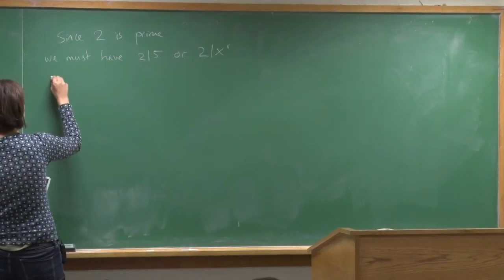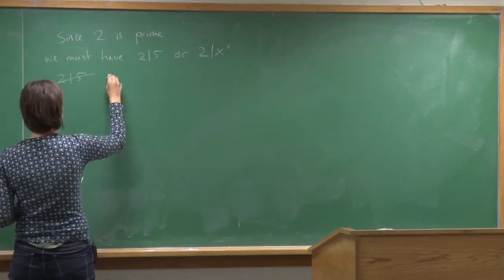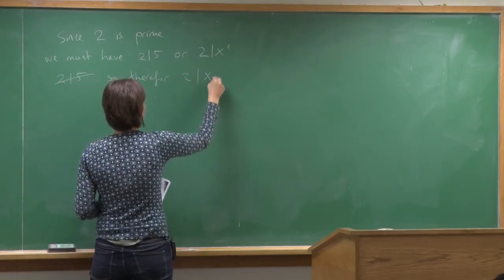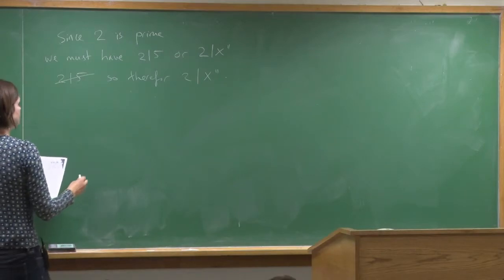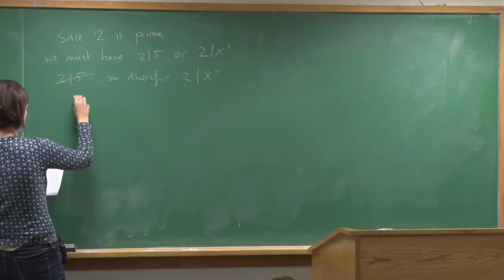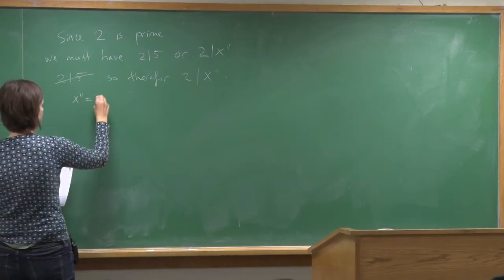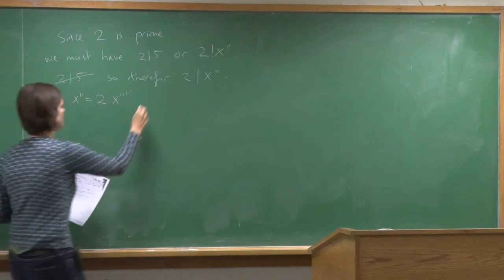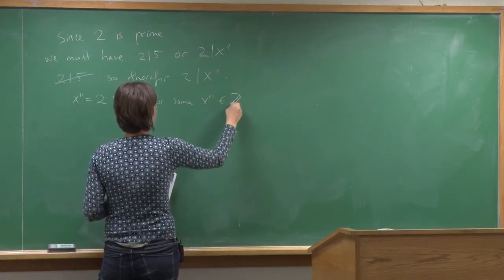So 2 does not divide 5, therefore 2 divides x double prime. So now we're almost done, because this means that x double prime is equal to 2 times x, call this triple prime, for some integer x triple prime.